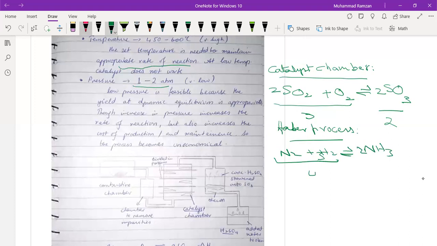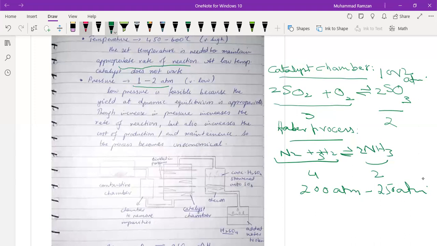Reactant side is 4, product side is 2. The trend is the same. Reactant side has more moles, product side less. But in the Haber process, we apply 200 atm to 250 atm. That is huge pressure. But in case over here, we give 1 or 2 atm.